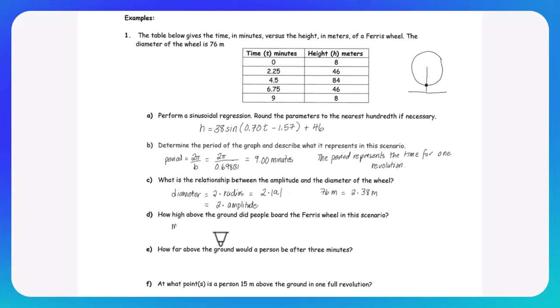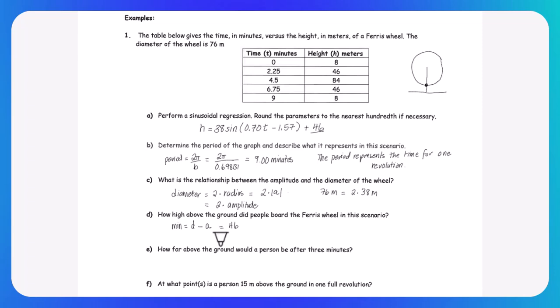And we've seen this a few times now, that the minimum value equals our median value, which is represented by D in the formula, minus our amplitude value, or our A. So when we put this in, we get 46, which was the median value.